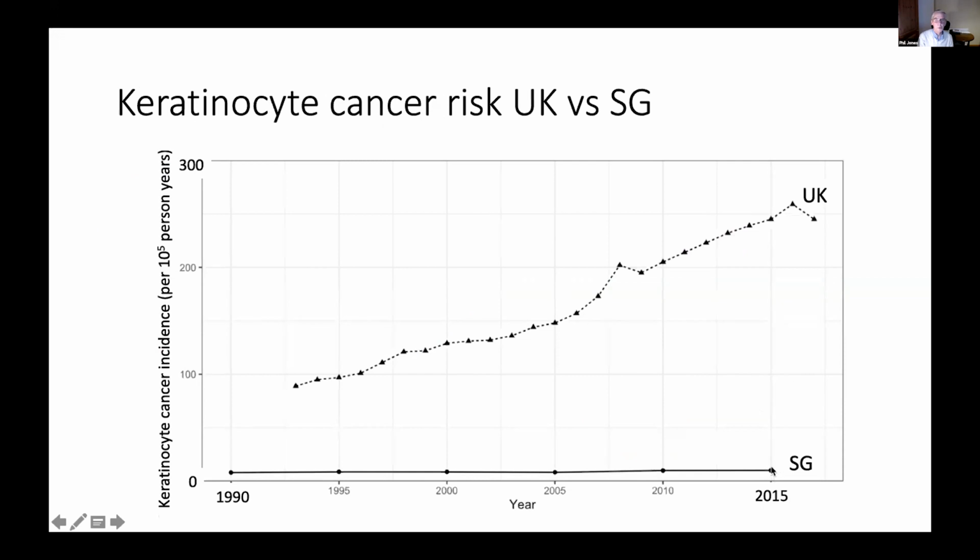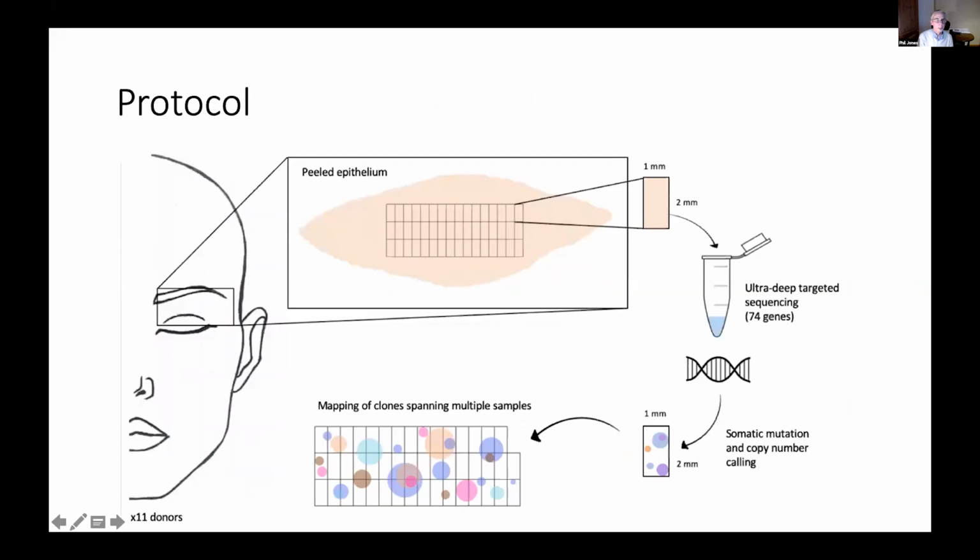It's 17-fold lower. So what Charlotte did was to construct a gridded array of epidermis from facial skin, from people from Singapore and the UK, from ultra deep targeted sequencing, map clones spanning multiple samples, and then collate the data.